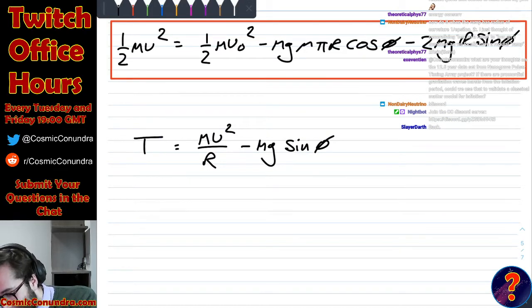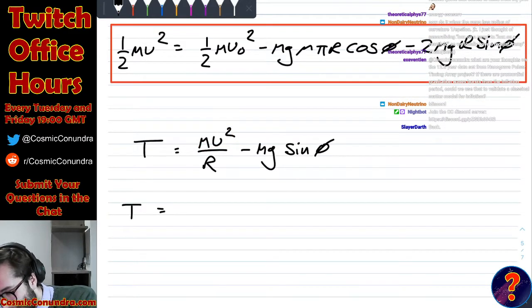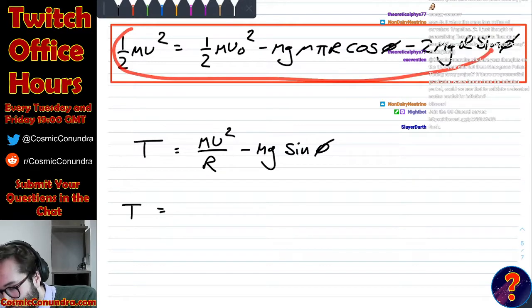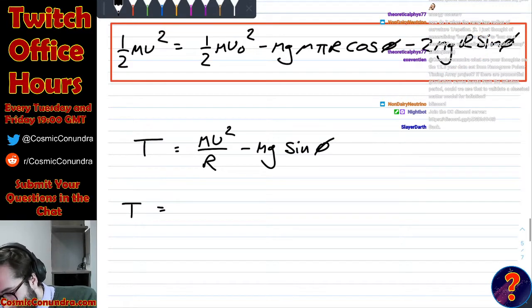And now we just want to sub in for m v squared in this top thing up here. So putting that all together, I just multiply both sides of this equation by 2 to turn it into m v squared. So I have T is equal to, well, of course, I also need to divide by r, that is crucial. This is all m v squared over r.